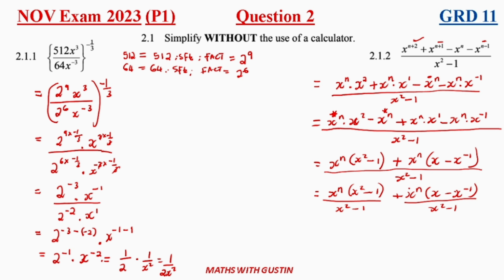Mathematically I did nothing wrong, so now you can cancel out x squared minus 1 with x squared minus 1. Here you can't cancel out as yet, but there's a way that we can simplify this. Please, let's do that together now. So much work that we're doing here, and this question is only 3 marks. But yeah, I don't know where they get a question like this one. Maybe from the old higher grade maths and standard grade maths.